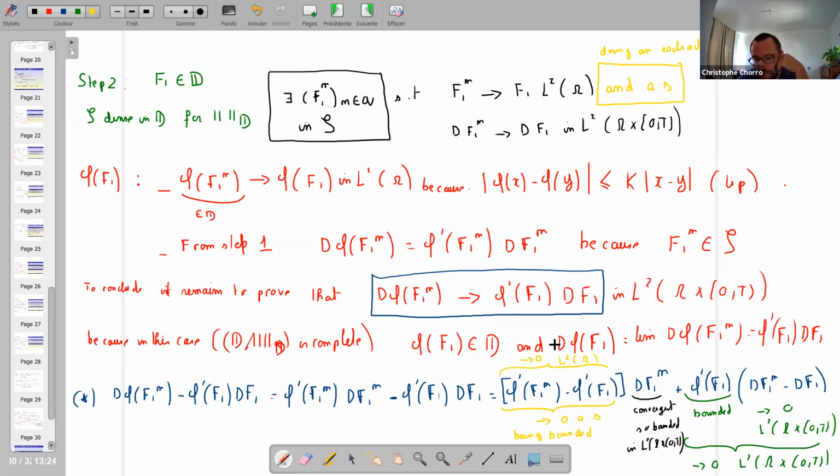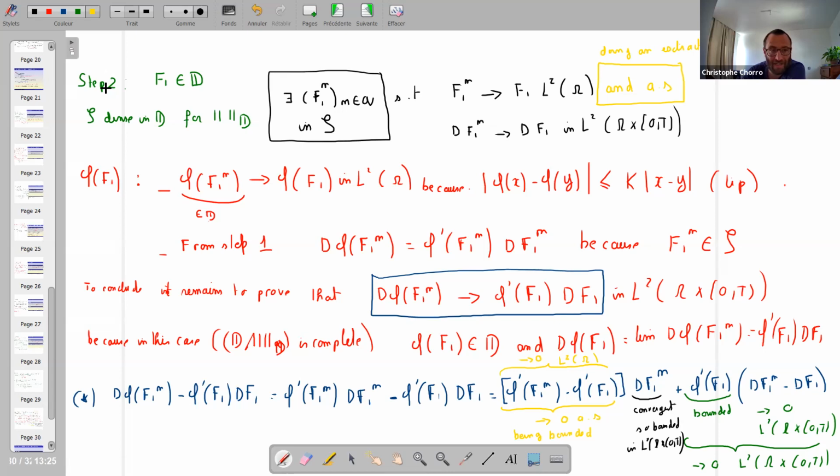If I multiply something that converges towards 0 in L2 of omega by something that is bounded in L2 of omega times 0 capital T, I will obtain a product here that is convergent towards 0 in L2 of omega times 0 capital T, in fact. Okay, so to summarize, this term converges towards 0 in L2 of omega times 0 capital T. By my argument, this term converges towards 0 in L2 of omega times 0 capital T, using this little extraction trick.